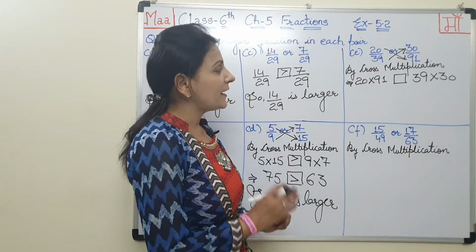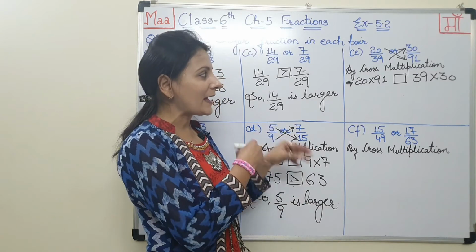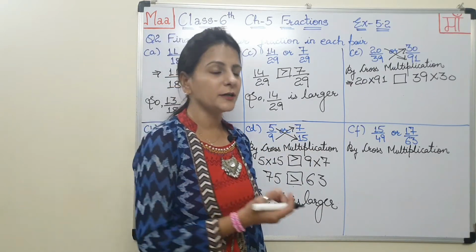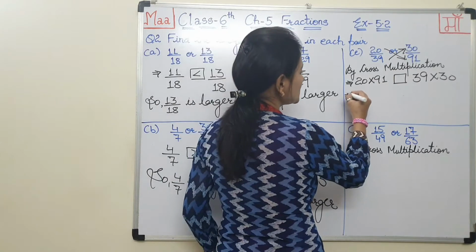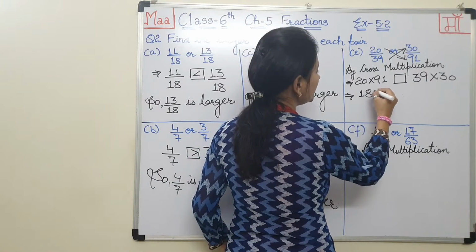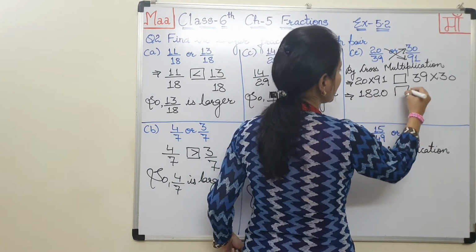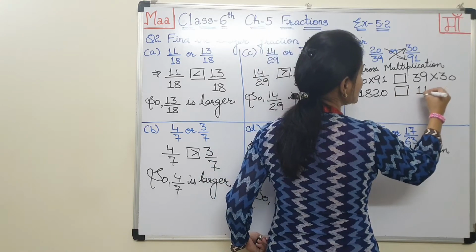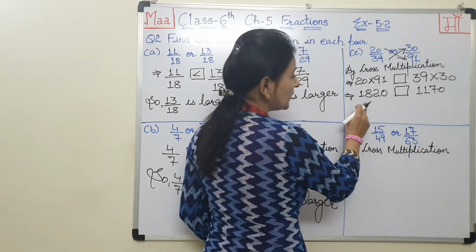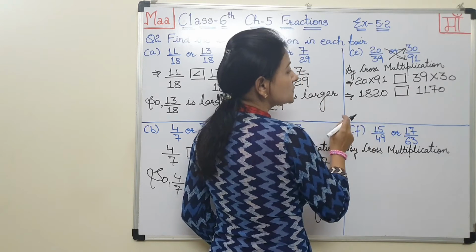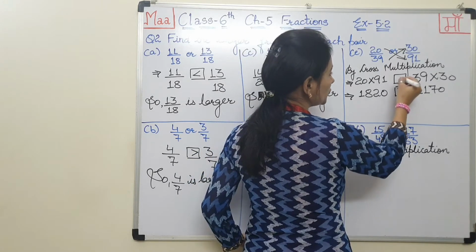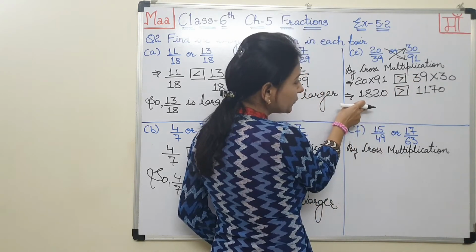Now multiply 20 into 91 this side and that side 39 into 30. So here the answer will come 1820 and here 1170. After multiplication we will get this answer. So which side is greater? 1820 is greater.